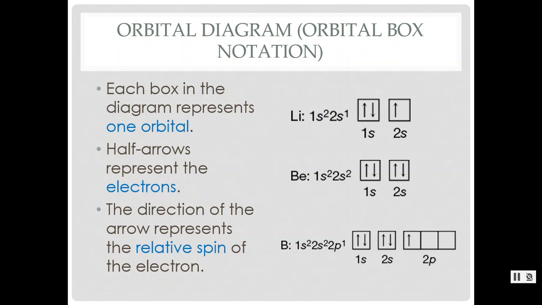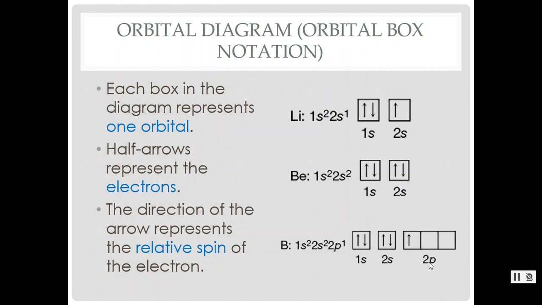The boxes represent orbitals. Specifically, a single box represents one orbital. And each box has to be labeled somehow with that particular orbital. So you see, for lithium, for my 1s box, for my 1s orbital, I have a 1s underneath it. If you have multiple orbitals that have the same notation, like the p's, there are 3 p orbitals, or in this case 3 2p orbitals.